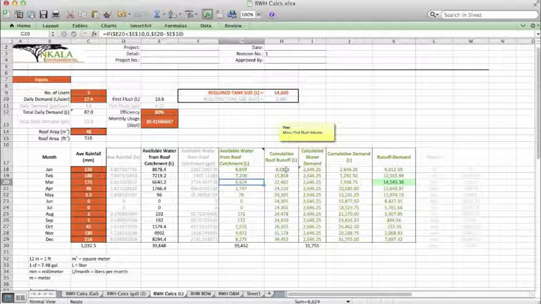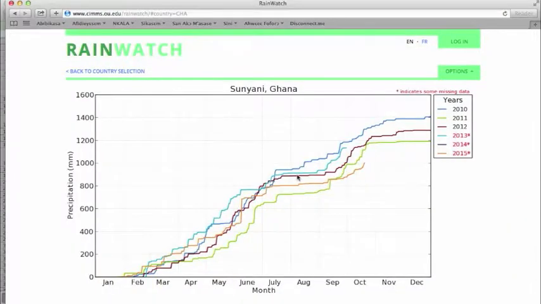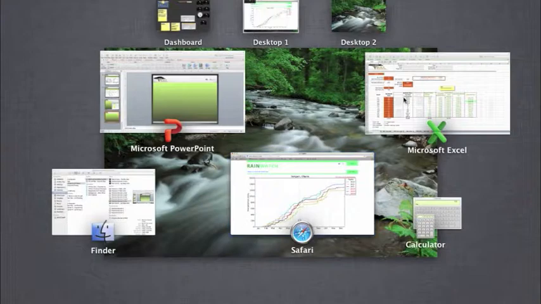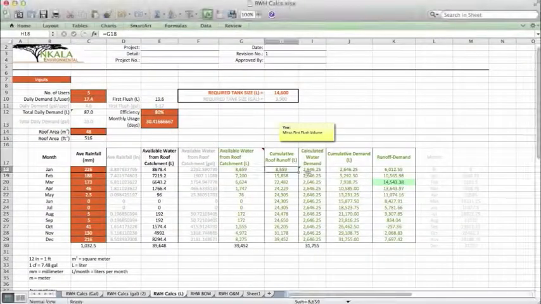Just like the chart we just looked at from the Weather Service, where it gives us a cumulative rainfall for the year, what we're doing here is calculating the cumulative runoff. For January, it's exactly what it is. For February, it's the sum of January and February.